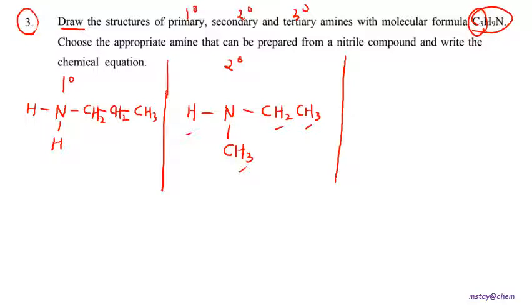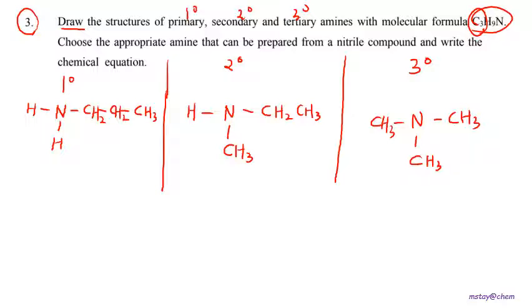So enough hydrogen. The last one we're going to draw is the tertiary amine. It has 3 bonds, and all 3 bonds must be bonded to carbon. So CH3, CH3, CH3. It's very obvious, we already achieve C3H9N, tertiary amine.